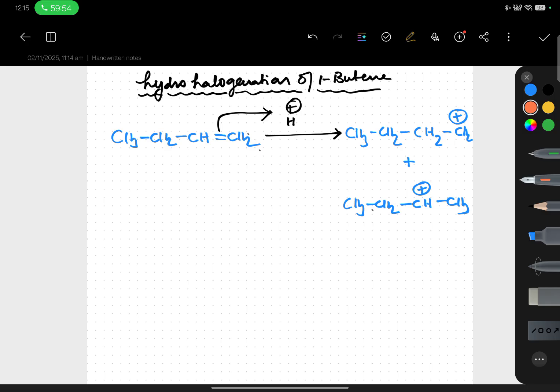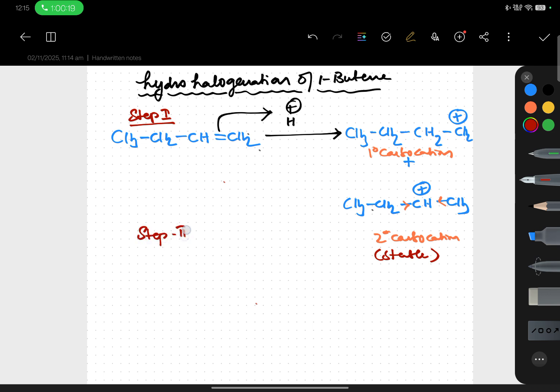And remember, this is a primary carbocation, this is a secondary carbocation. Remember, secondary carbocation is more stable. Yes or no? Yes. So this is step 1.